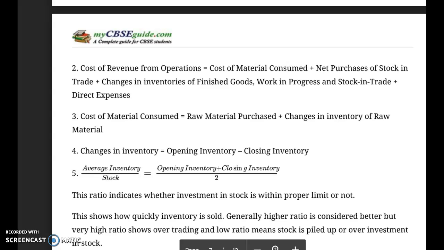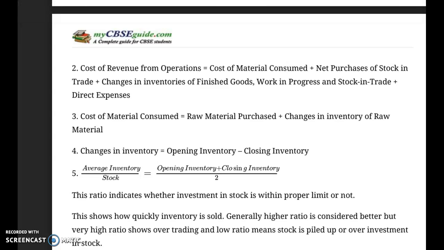Now, in some of the questions, you would find not opening or closing inventory, only the word stock is given. If that is given, then you have to divide only with that amount, that is the stock, because average will be calculated only when both the balances, that is the opening balance of stock or the closing balance, both are given.